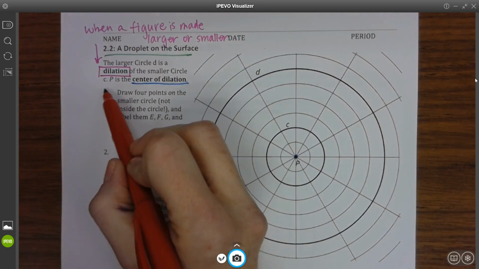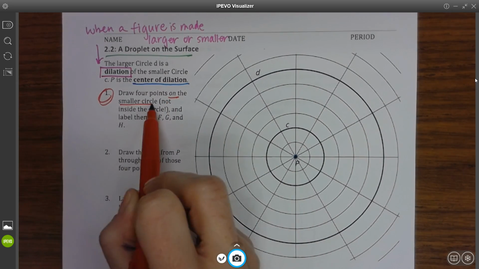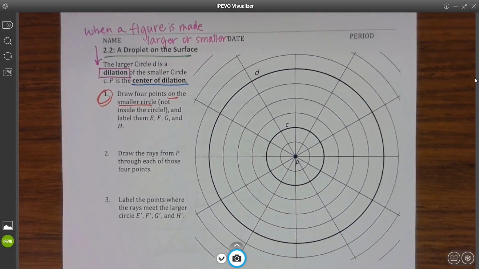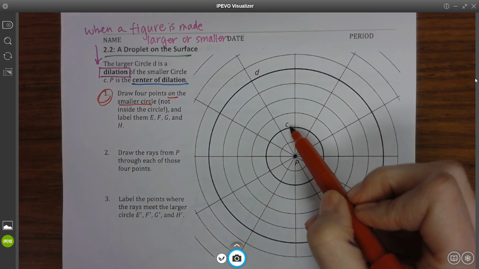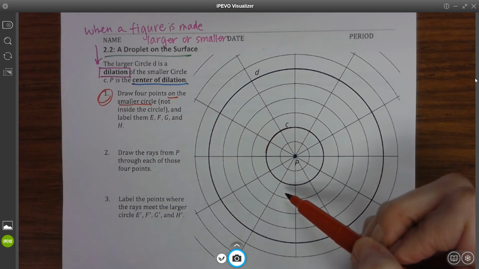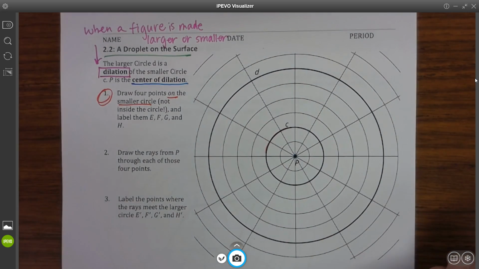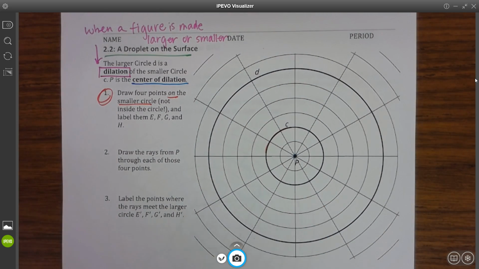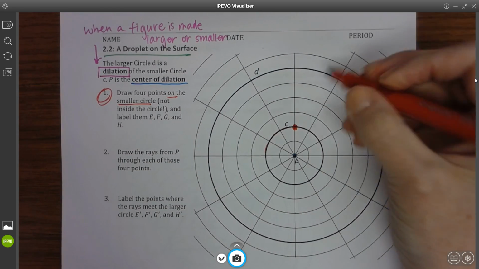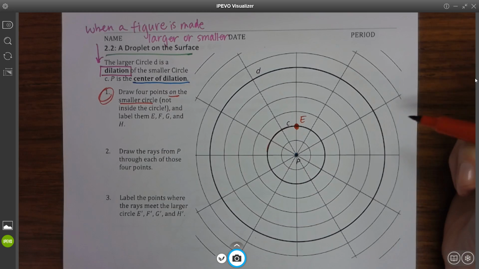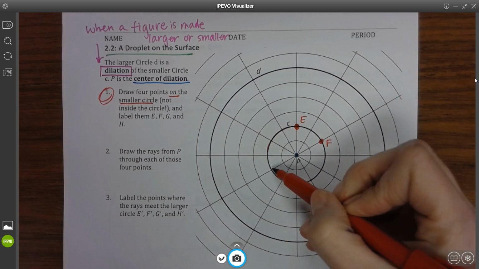So when it says draw 4 points on the smaller circle, there are a lot of circles, but we're talking about 2 in particular: circle C right here and circle D. So we're going to draw 4 points on the circle, and label them E, F, G, H. You can draw your points where I put mine, or pick wherever you want.